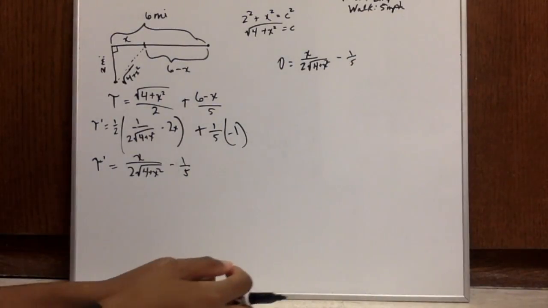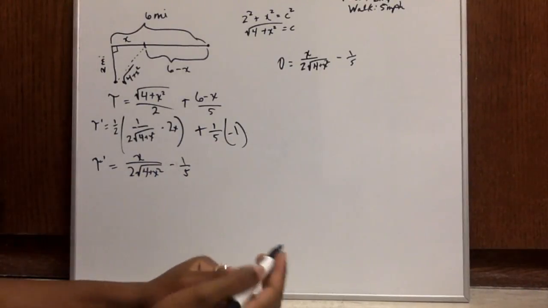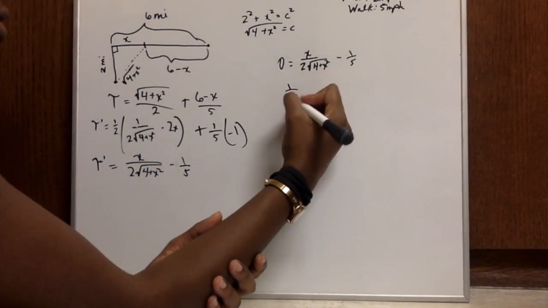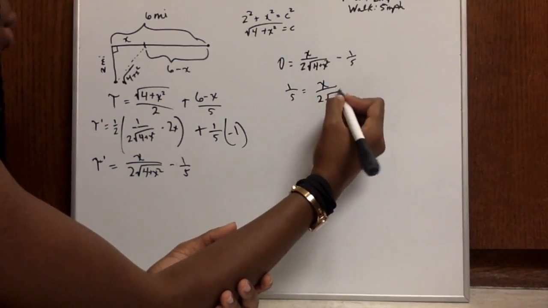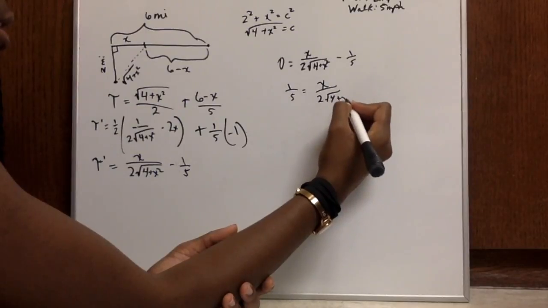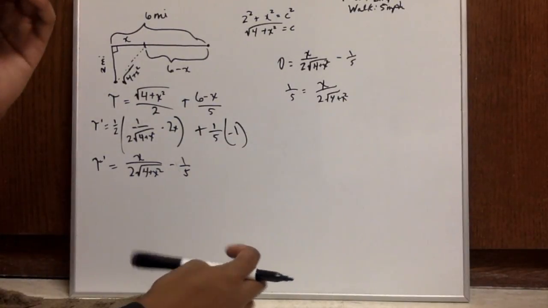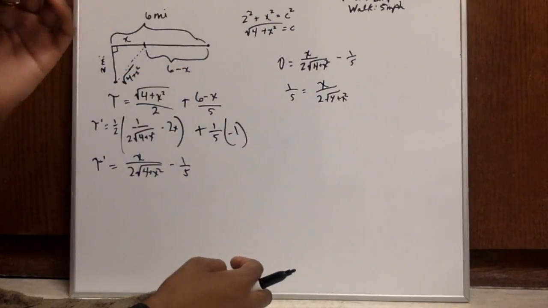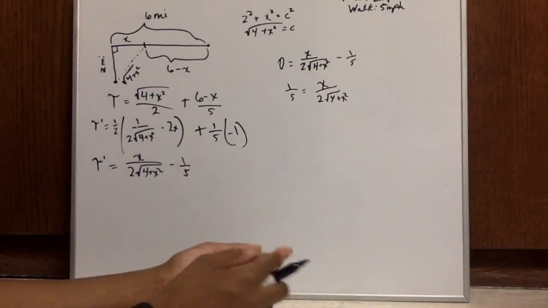So the first step here in solving for x would be to add 1/5 to both sides. So 1/5 is equal to x over 2 radical 4 plus x squared. Now we can either cross multiply, or we can divide by x or multiply by 1 over x on both sides.